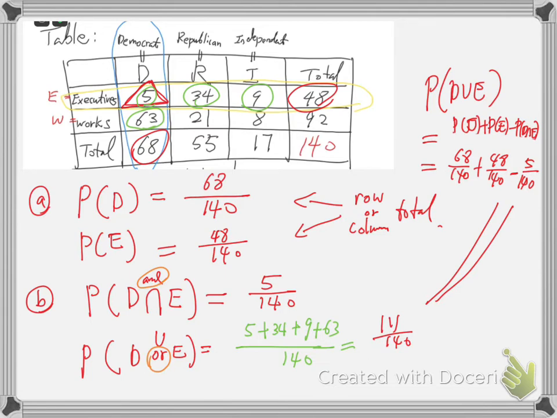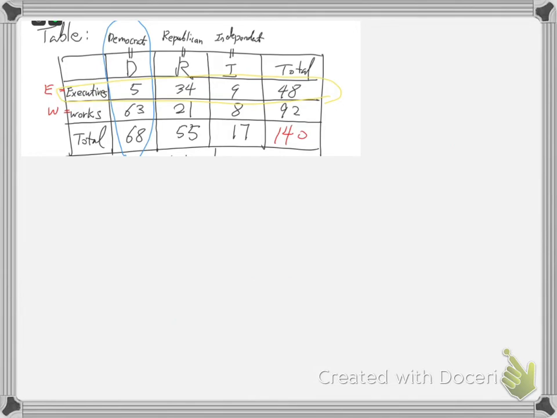Only in the last case will we change the denominator from 140. The last case is the given conditional probability. Let's say they ask for P(E given D). This means only consider D, which means only consider the first row.